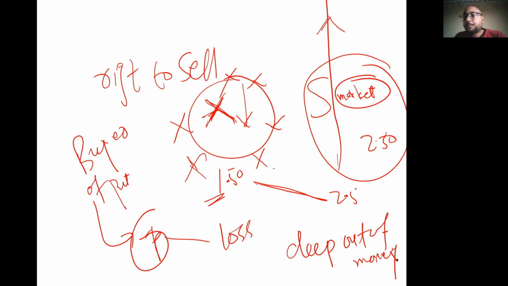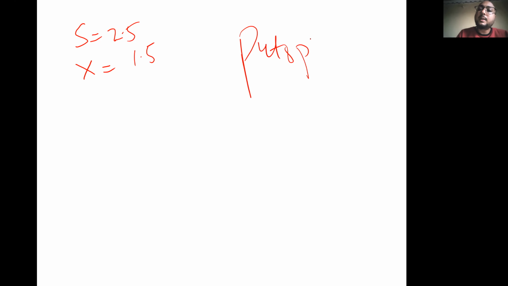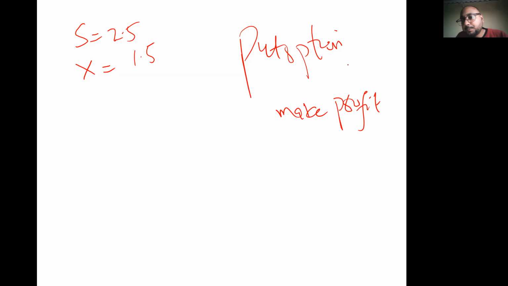So if you find this kind of situation, how can you make profit? If the spot market is 2.5 and the exercise price is 1.5 and there is a put option, how can you make profit? Put premium is, for example, 0.02 a dollar.